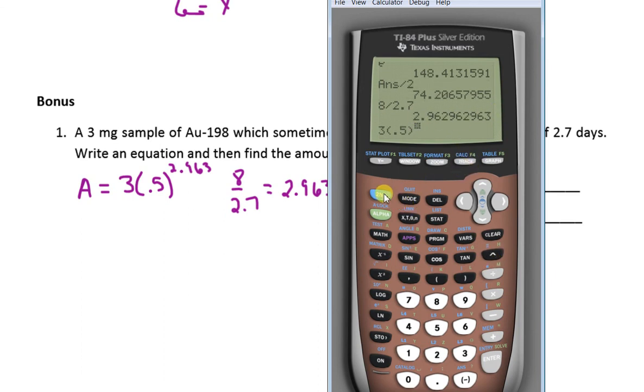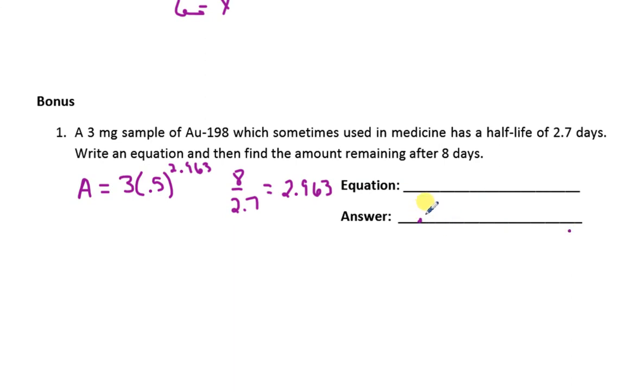If I just put my answer in, I won't have to round. Second answer, and I'll end up with 0.385 milligrams.